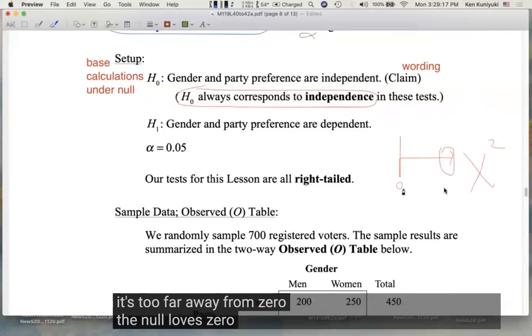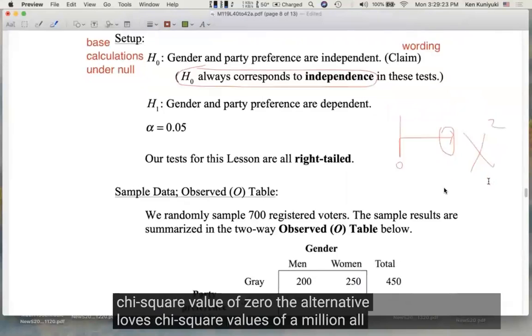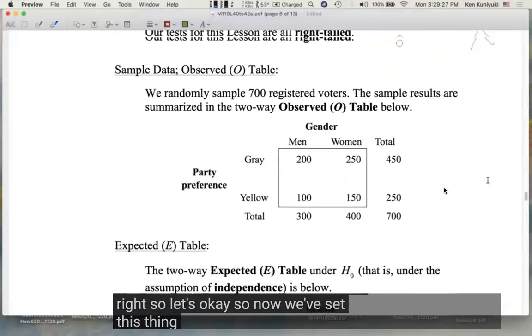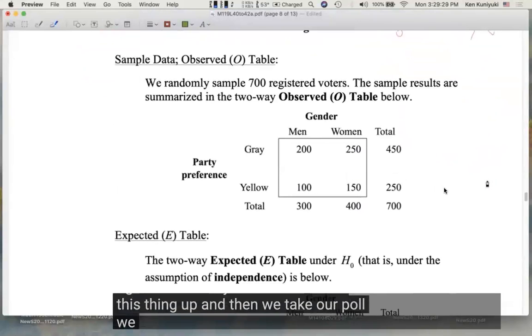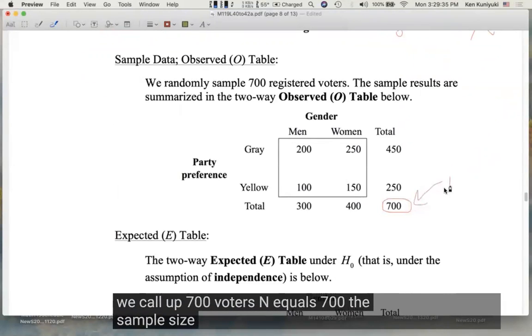The null loves 0. The null loves a chi-square value of 0. The alternative loves chi-square values of 1,000,000. All right. So now we set this thing up and then we take our poll. We call up 700 voters. N equals 700, the sample size.